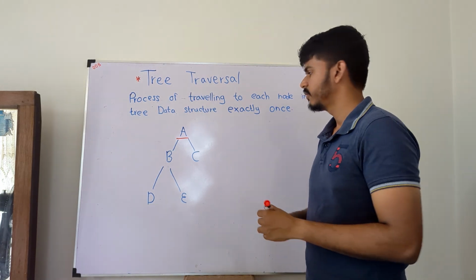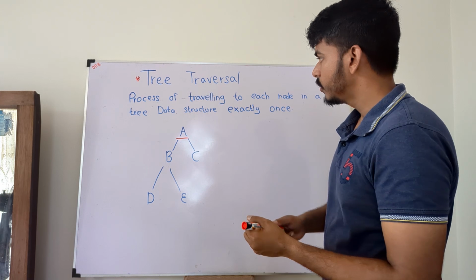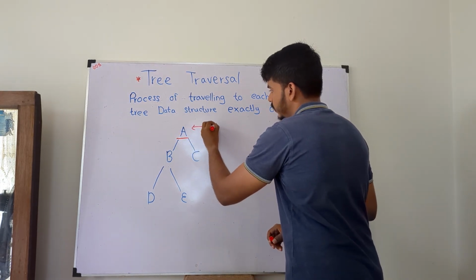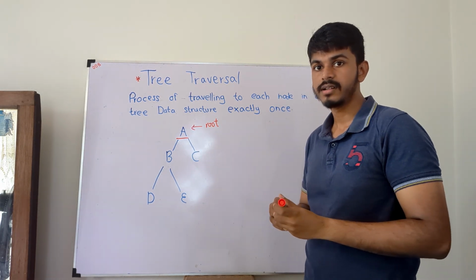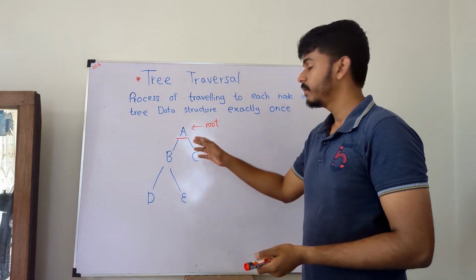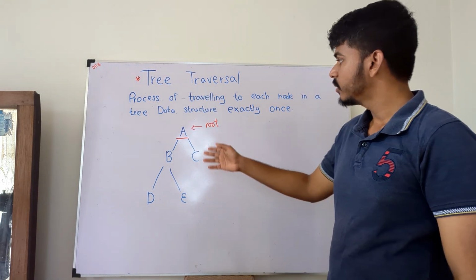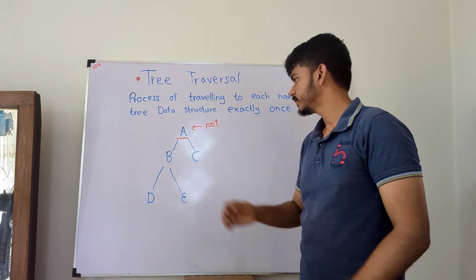So first, what is the root node in this tree data structure? The root node is A. Why? Because it is at the topmost position in this data structure and it has no parent nodes. So this is going to be the starting point for this tree data structure.